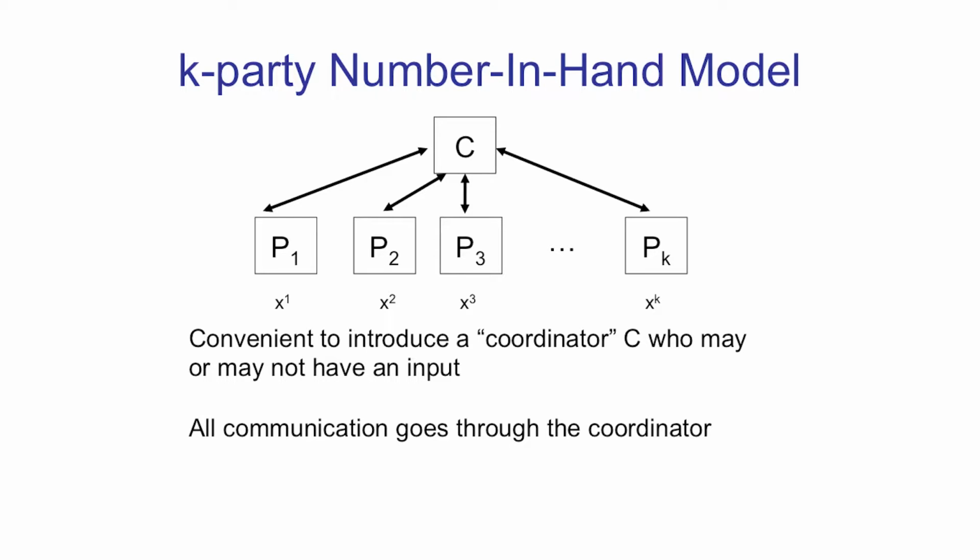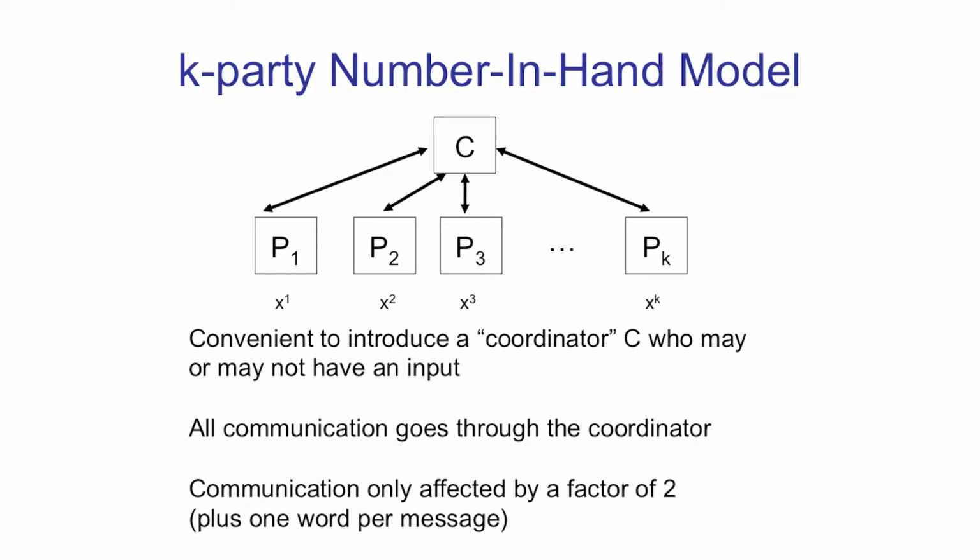Okay, so the coordinator talks to a player, the player responds, the coordinator talks to the next player, etc. And this only affects the communication by a factor of 2, right? So now instead of a player directly talking to another player, it's passed to the coordinator and then to that other player, plus a word per message for the player to indicate where to send this message to. These factors will be small, and I'll ignore them for this talk.